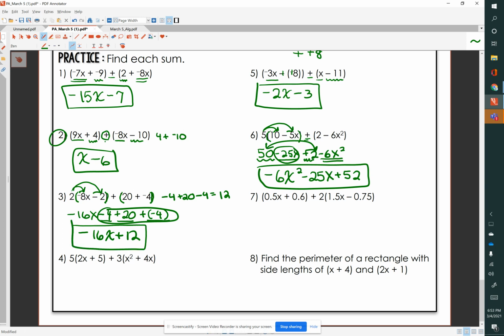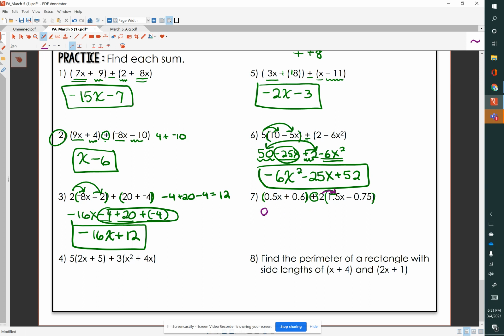Now, number 7, we just have to be very careful when we line up decimals. We have the quantity of 0.5x plus 0.6 plus 2 times the quantity of 1.5x minus 0.75. We need to distribute first. So I'll just copy the first part of the problem.